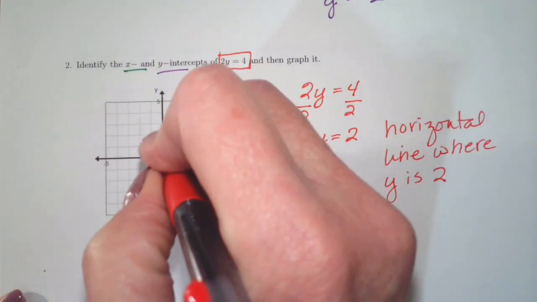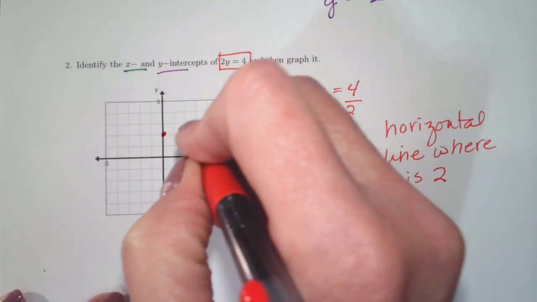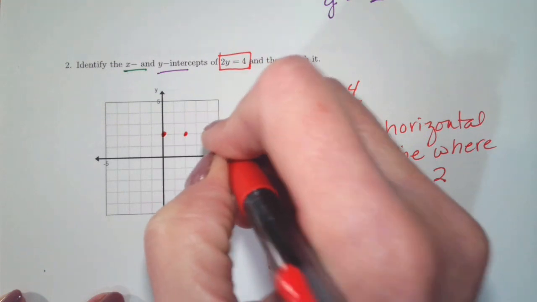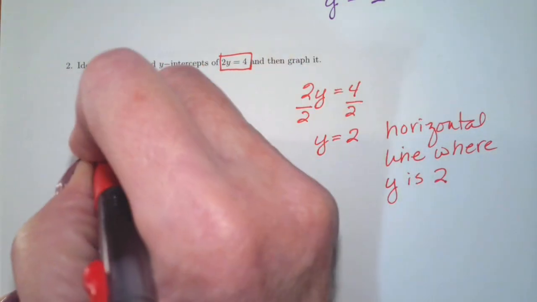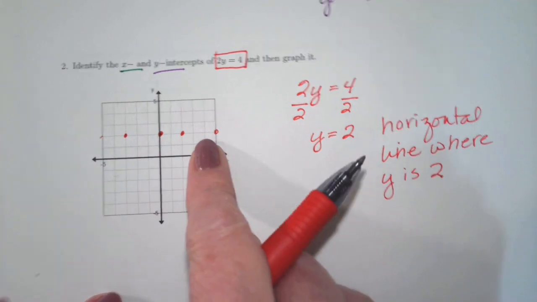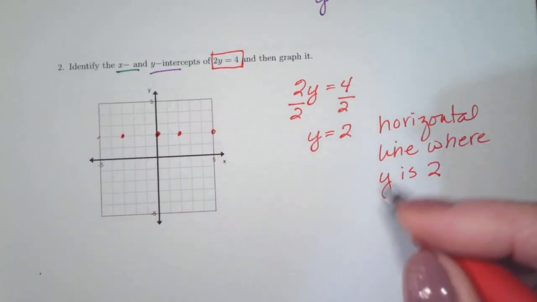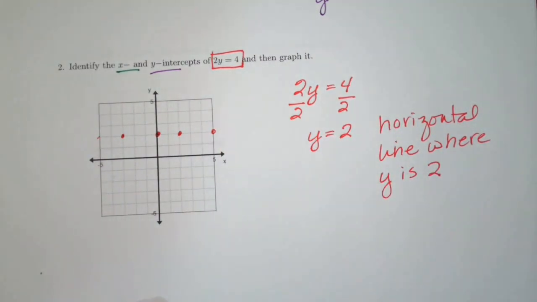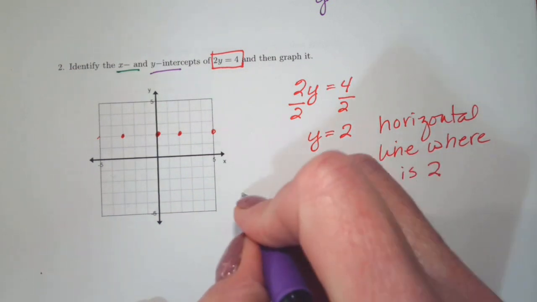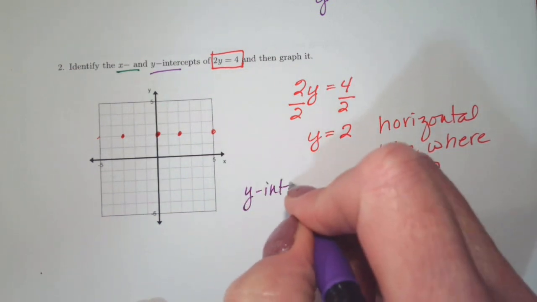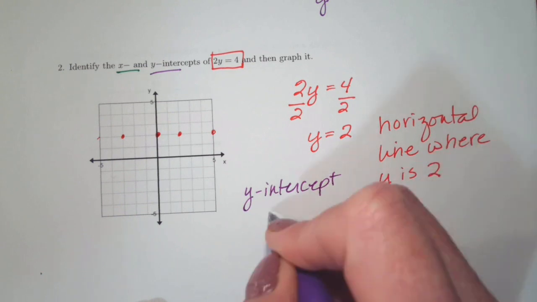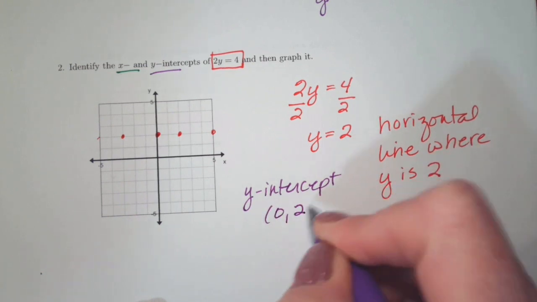Well, where is y 2? Well, y is 2 here, and here, and here, and anywhere we have a y-coordinate of 2. So that tells me that the y-intercept is (0, 2).